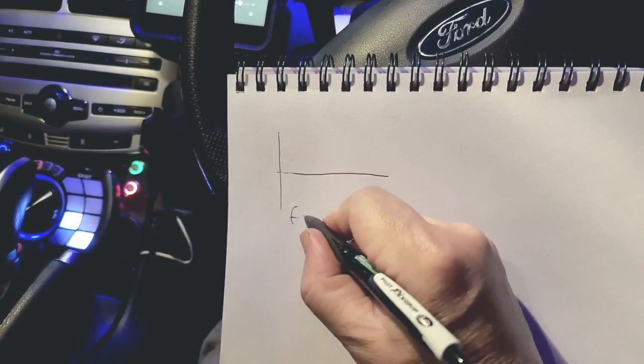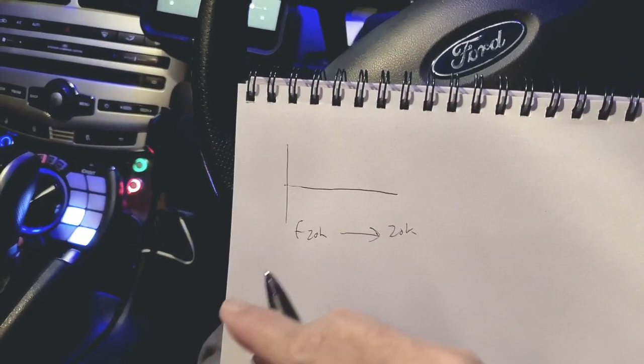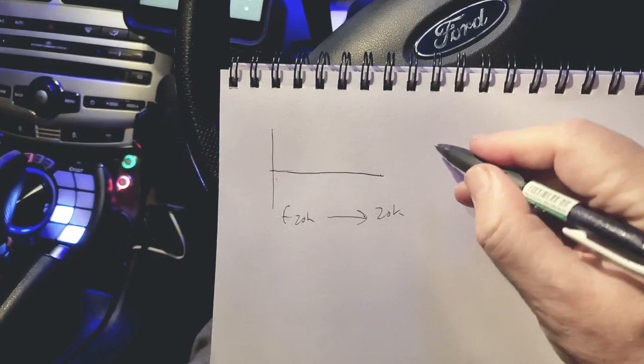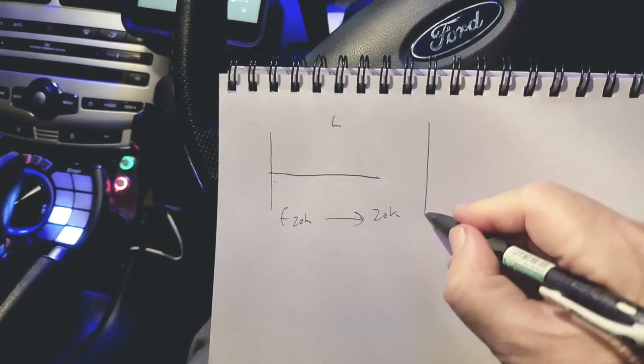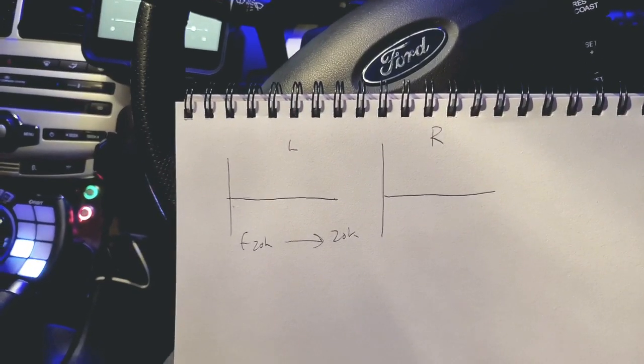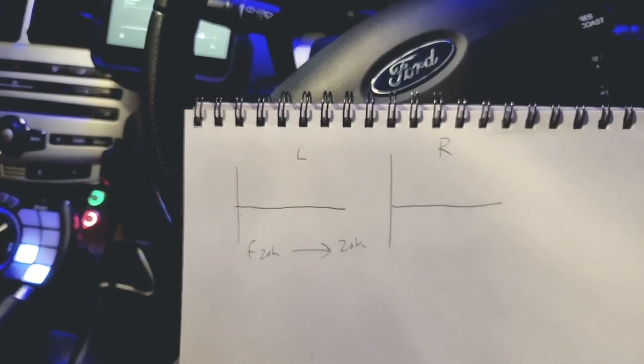You had to get 0 degrees phase in a normal stereo signal on the left, and 0 degree phase on the right channel. So it seems pretty simple so far.